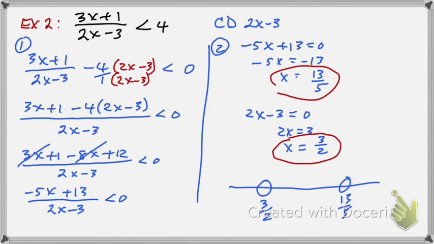Isn't 3/2 the larger number? Is it? 13/5 is what? 2.6. 3/2 is 1.5. Glad you said something anyway, because that's a kind of a critical point.